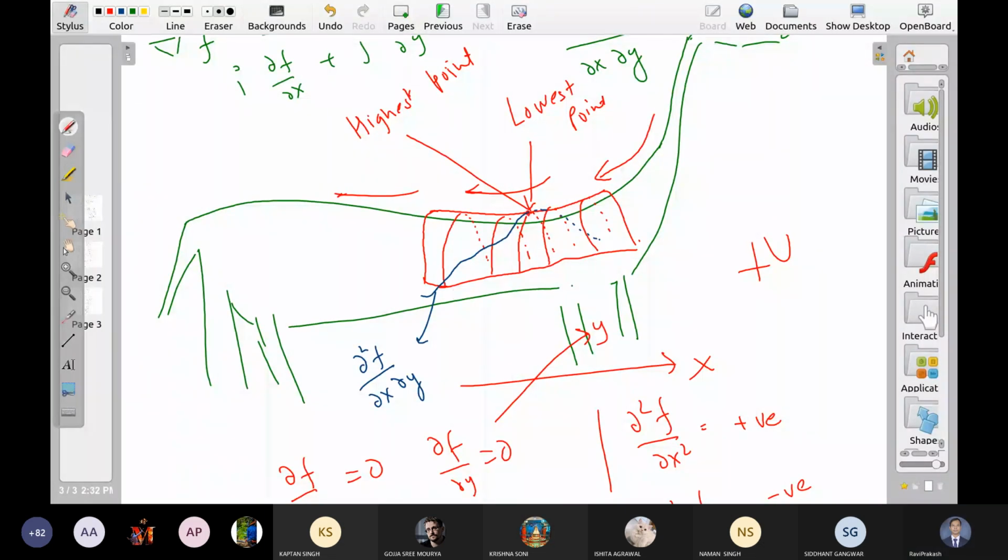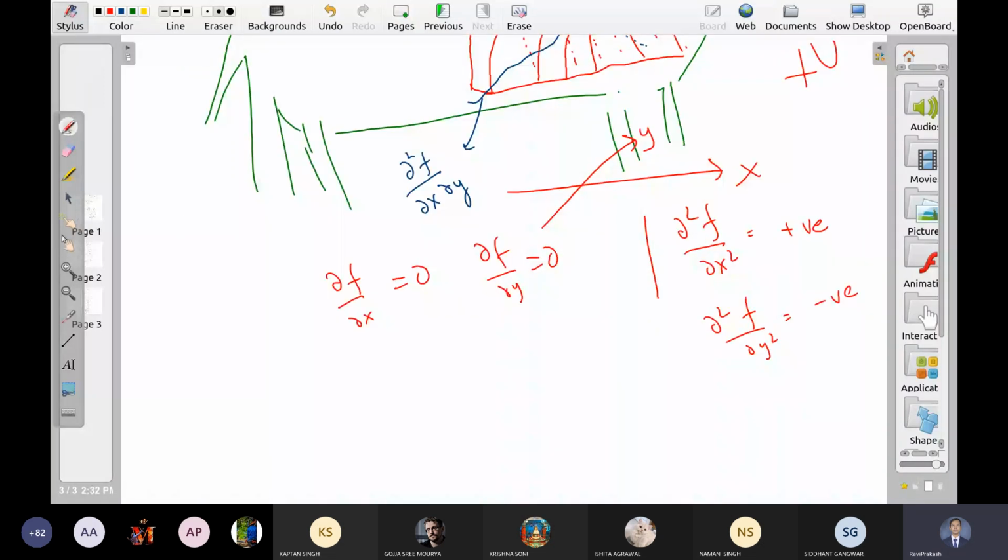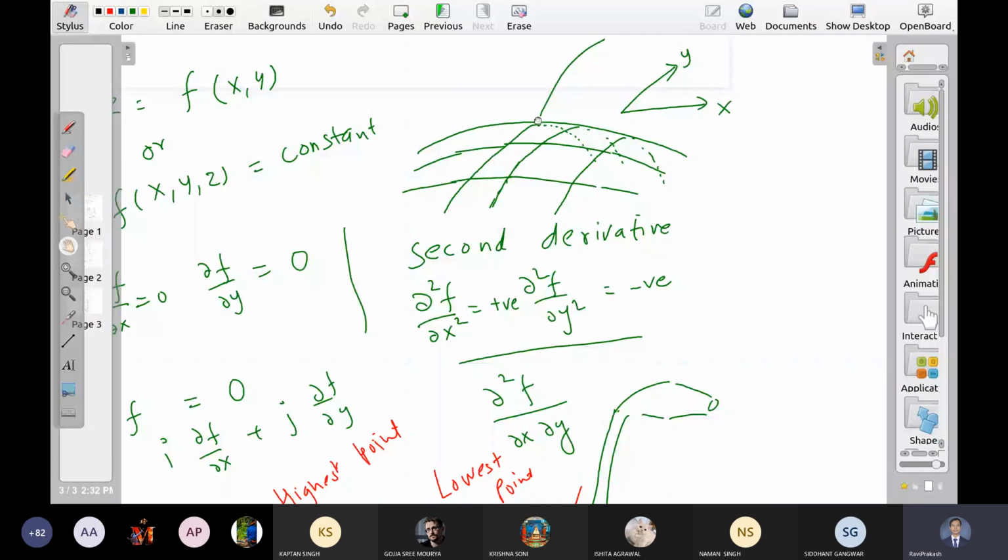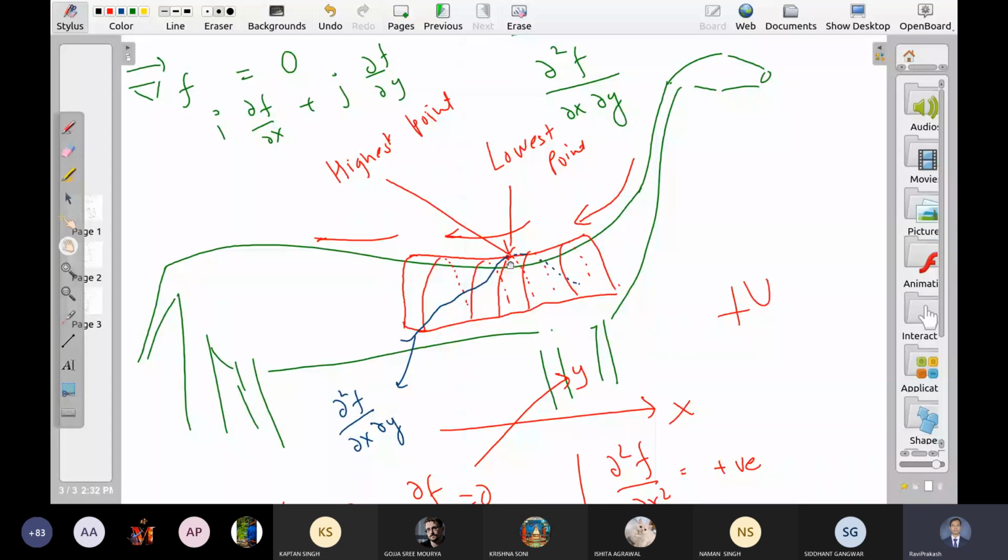Okay. For an absolute maxima or an absolute minima, absolute maximum means a point like this point. From whatever direction you come, it looks like the highest point. This is a global maxima. This is not a global maxima nor a global minima. It depends on how you approach this point. And what is the global minima?